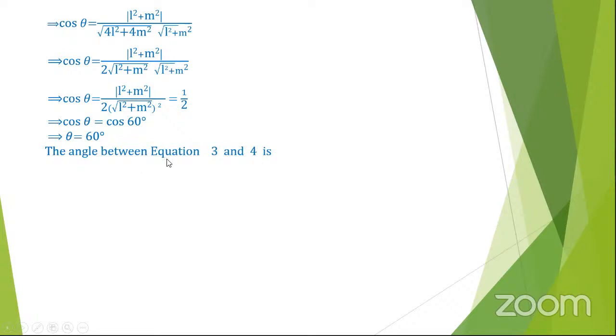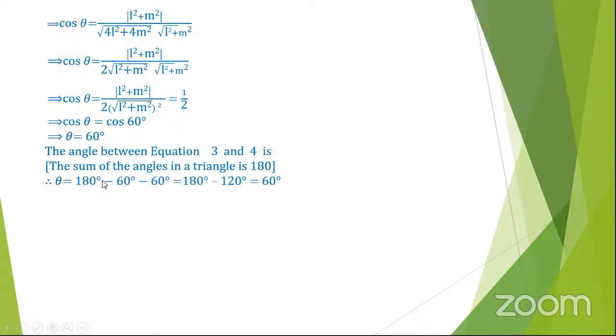Now we are finding the angle between equation 3 and equation 4. The sum of the angles in a triangle is 180 degrees. Theta equals 180 minus 60 minus 60. That is 180 minus 120, since 60 plus 60 is 120. 180 minus 120 is 60 degrees.